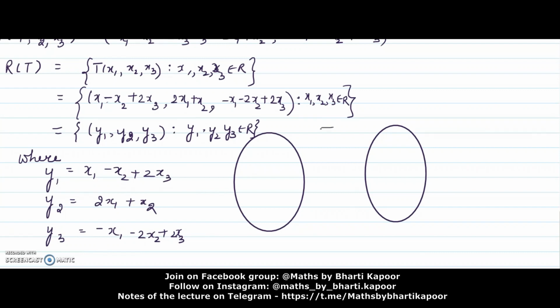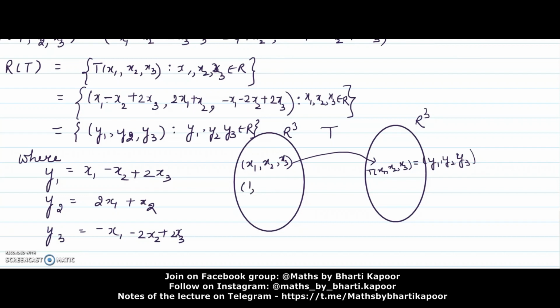So how has T been defined? If I have taken one element x1, x2, x3 of R cube, then its image, that is T(x1, x2, x3), equal to y1, y2, y3, which is an element of R cube.